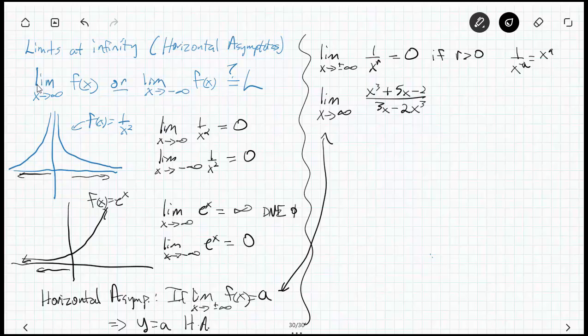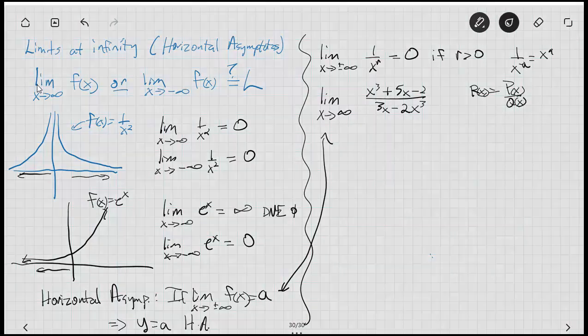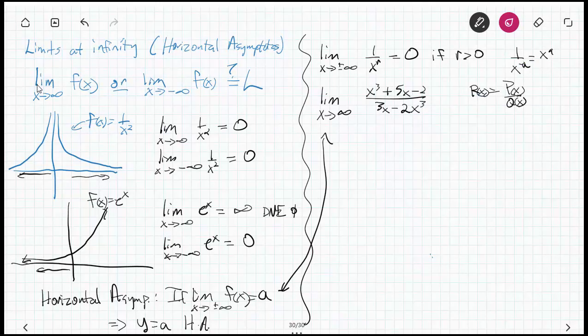remember, if I have some rational function, which is equal to p of x over q of x. Now we're going to do a little review here, just real quick. If the degree of p is greater than the degree of q, this implies no horizontal asymptotes.